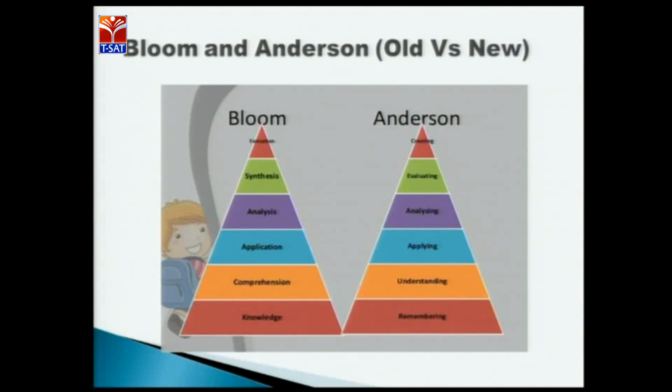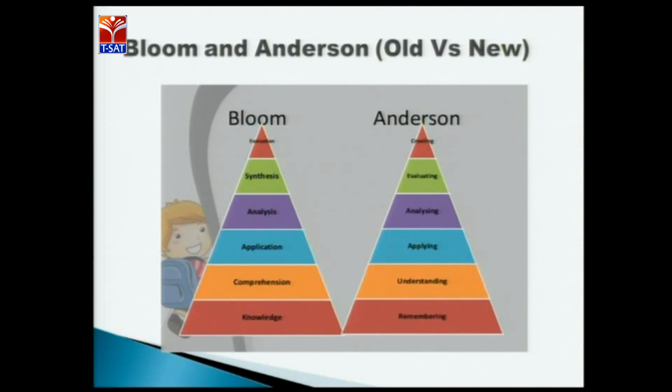Now let us once again come back to Bloom's taxonomy and the two versions that we were talking about, Bloom's and Anderson's, that is the old version and the new version. Let us look at the differences between these two, and there are two changes that have happened. First of all, in Bloom's version, we see knowledge, comprehension, application, analysis, synthesis, and finally evaluation.